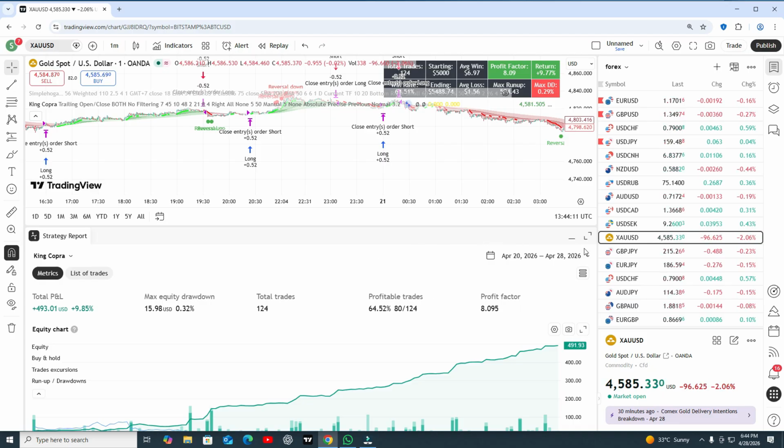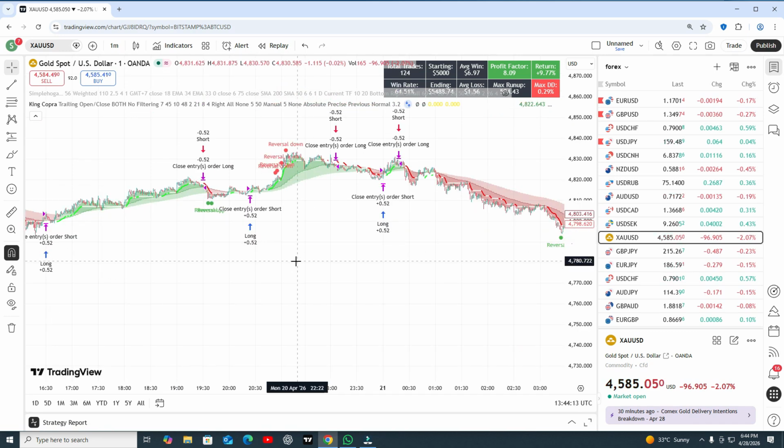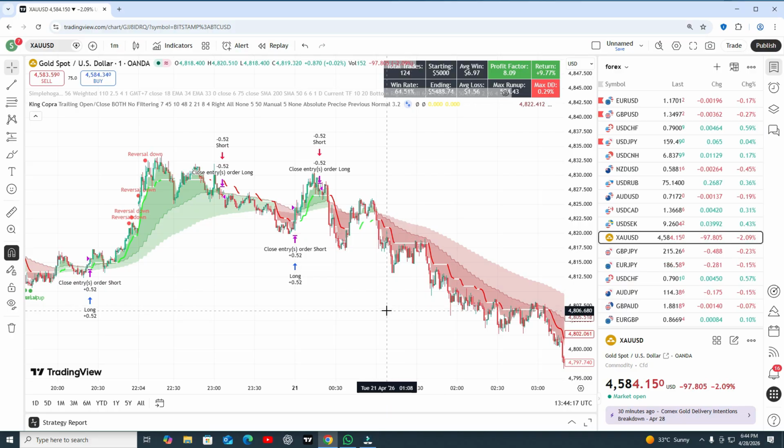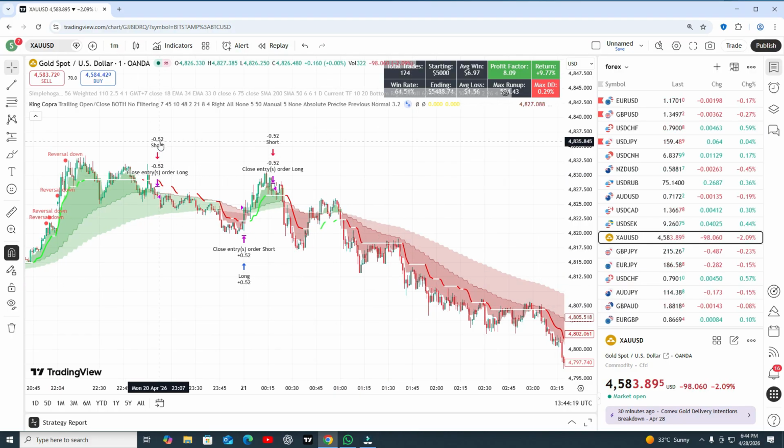Because in the 1 minute, of course, you have to do scalping. Let me show you. Short signal, red line forms, so open your sell position. Scalping, book small profit, close your trade. Buy trade, green line forms, open your buy position and close the trade here.